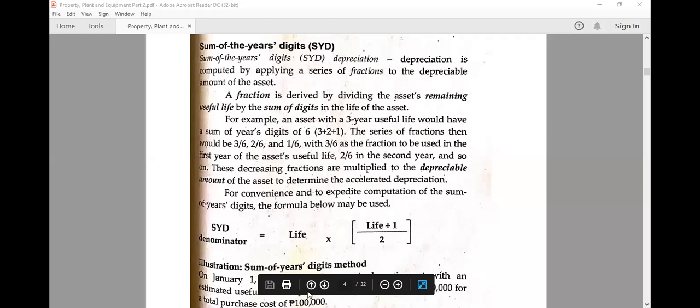All right, it should be that you'll be getting 1,275 as the SYD denominator. All right. Anyway, moving forward, thank you for sharing.